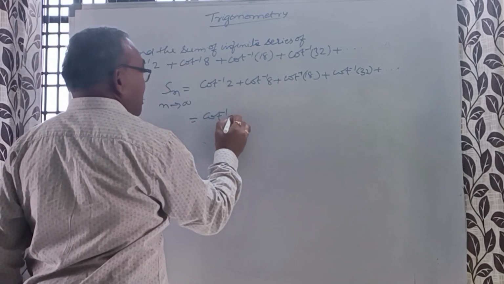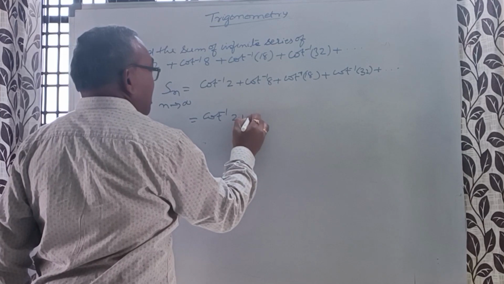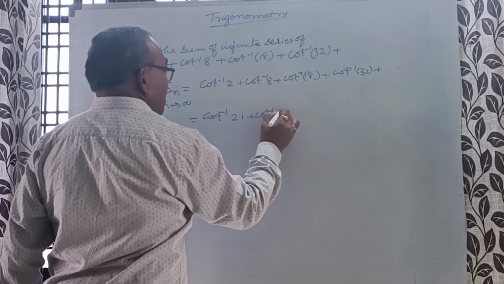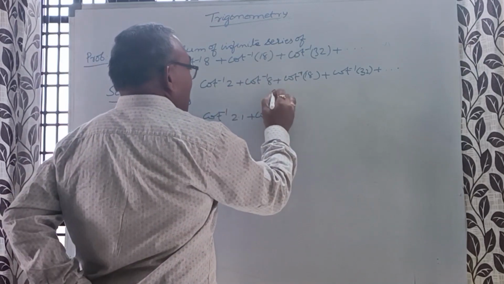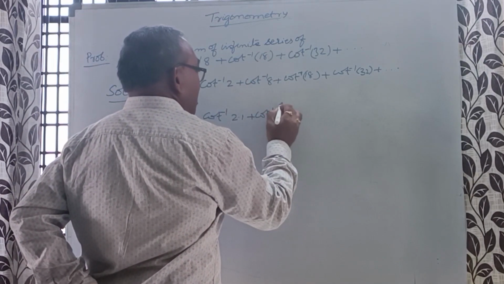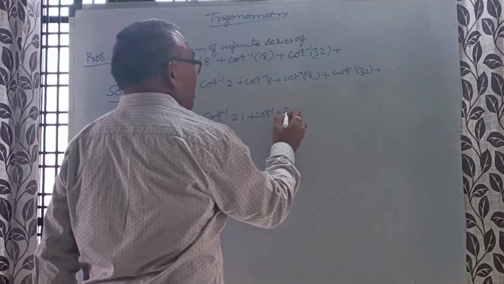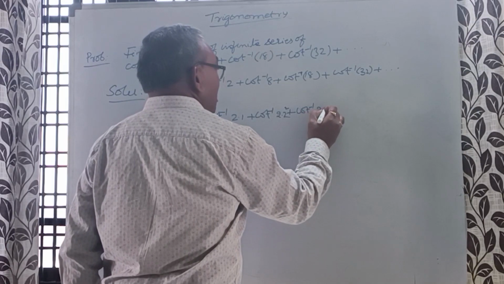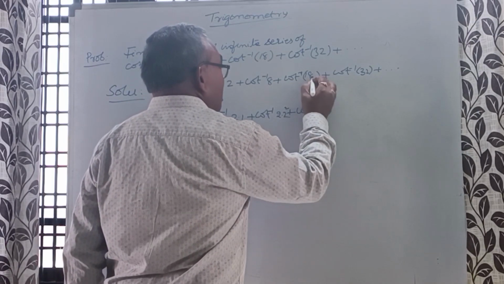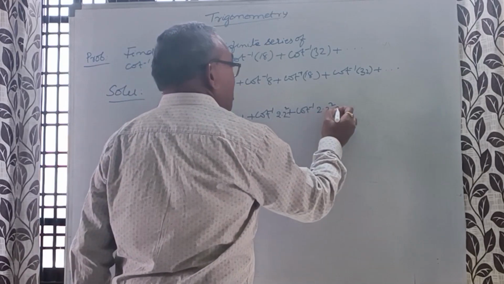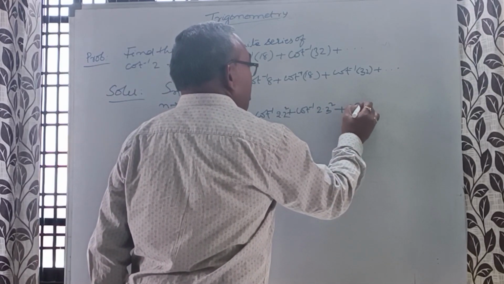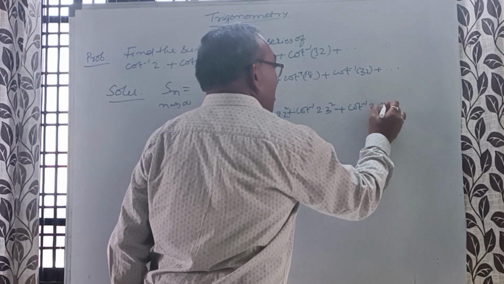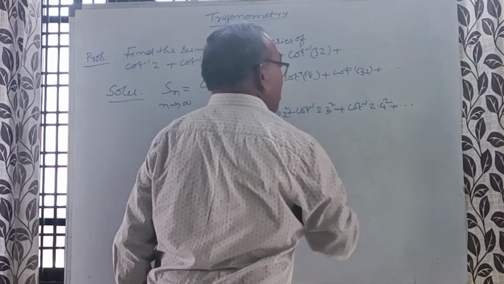Now, cot inverse of 2 into 1 square plus cot inverse of 2 into 2 square plus cot inverse of 2 into 3 square plus cot inverse of 2 into 4 square and so on.